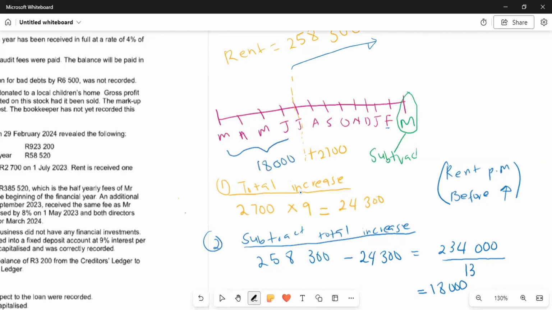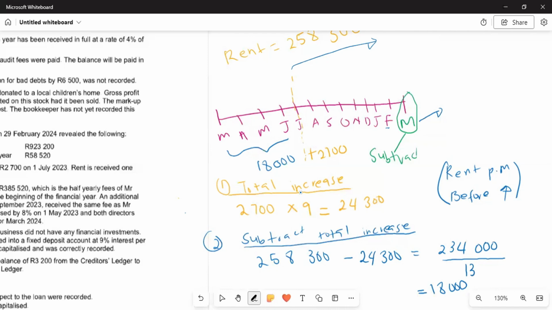Now, as of 1 July, we said the rent was increased by 2,700. Now, remember, we're trying to determine the rent for this month, right? And already on the month of March, there was already an increase of 2,700 because we said from this point, right, up until March, which is the last month we received rent for, there was an increase of 2,700 rents per month.